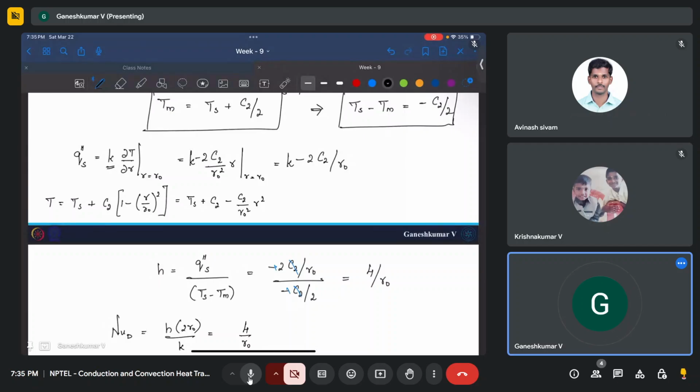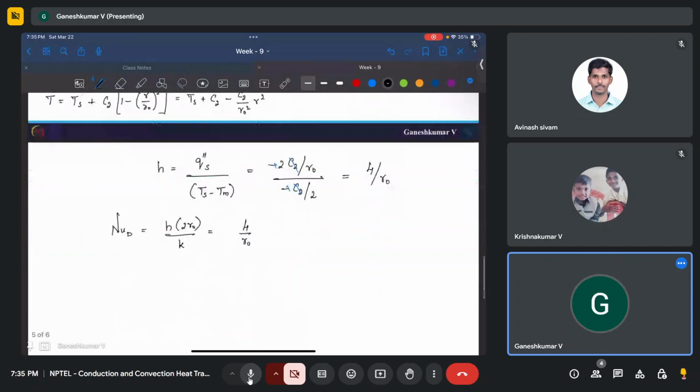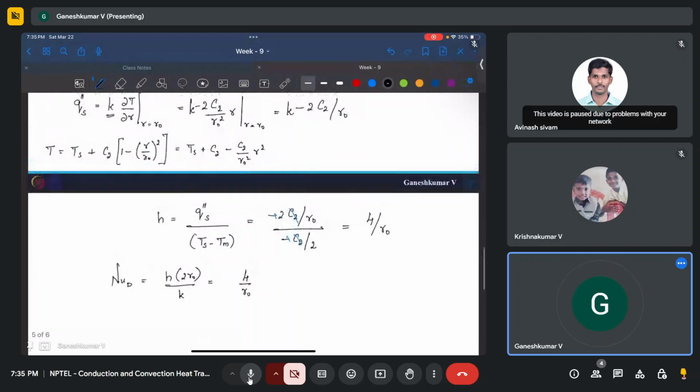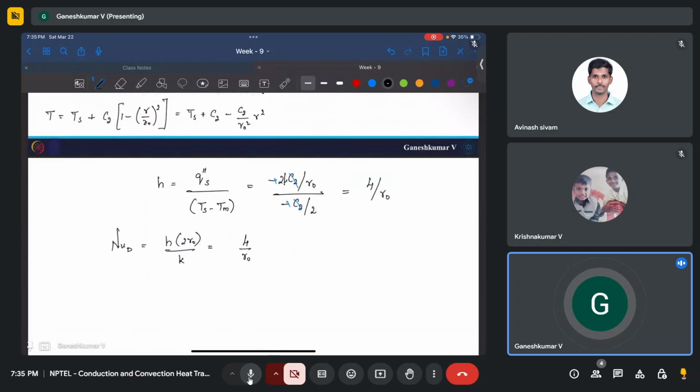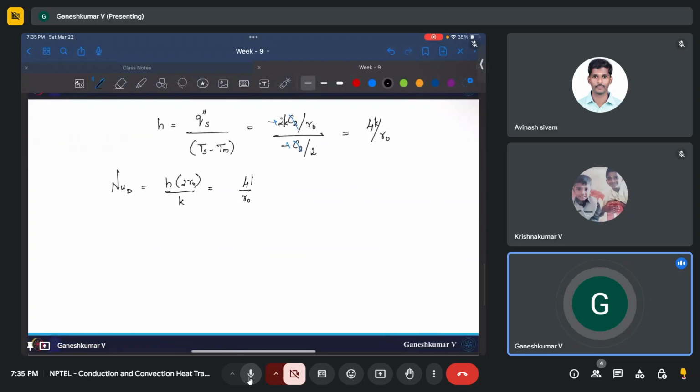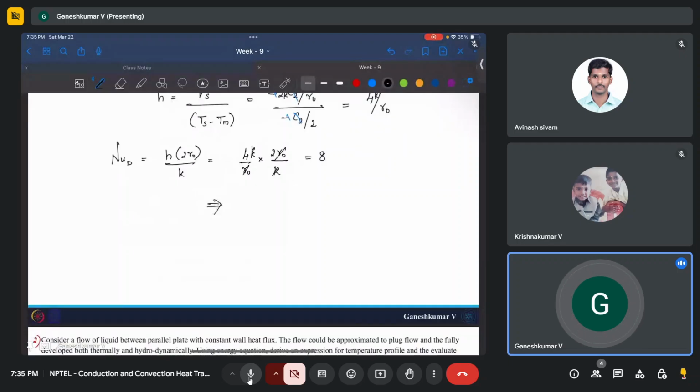Here also K. So if that is the case, then you have minus 2kC2 by R naught. So here also you will have K, and here also you will have 4k by R naught. So if this is the case, this will be 4k by R naught into 2 R naught by K. So R naught cancels, K cancels. This becomes 8. So this is how you find the Nusselt number given velocity and temperature profile. Okay.